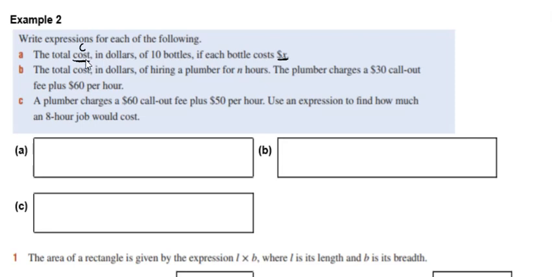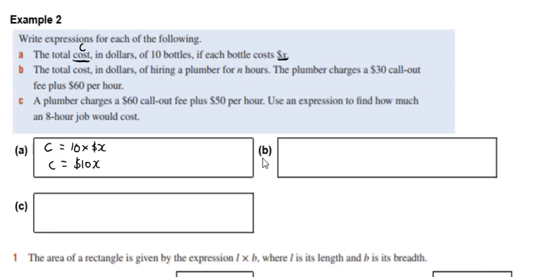So the cost is 10 lots of X, so the cost is going to be 10 times X. We're going to write that as 10X dollars.